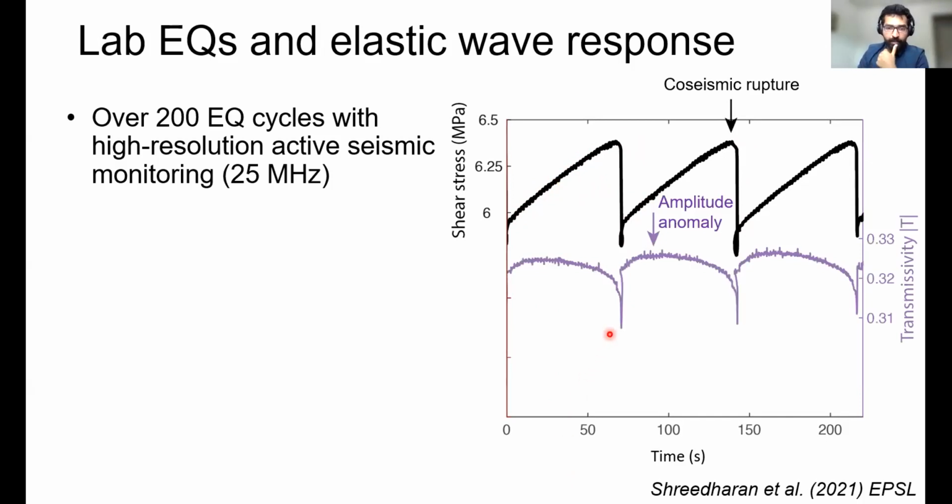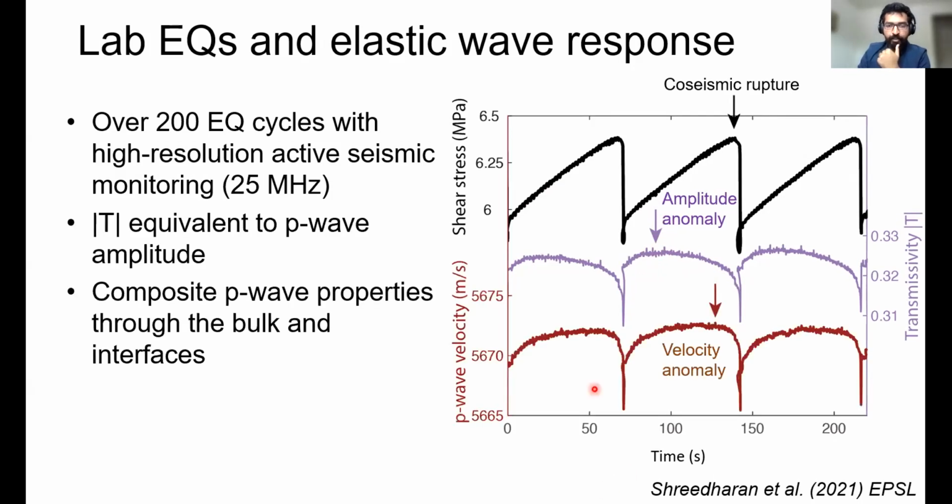Next, I'm plotting the evolution of the P-wave amplitudes for the 3 lab earthquakes in purple. Immediately you can see a really nice long-term reduction in the amplitude before the rupture, which my amplitude anomaly arrows are pointing to. And finally, I'm plotting the P-wave velocities in brown.